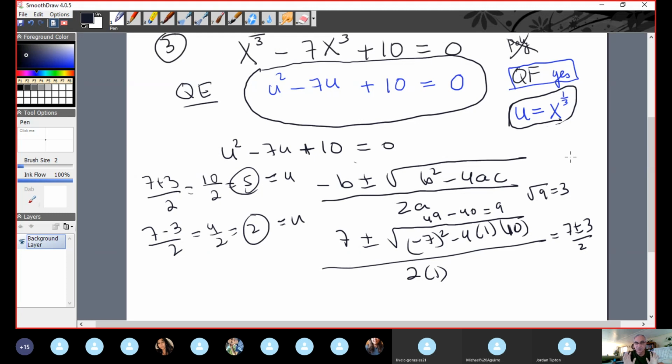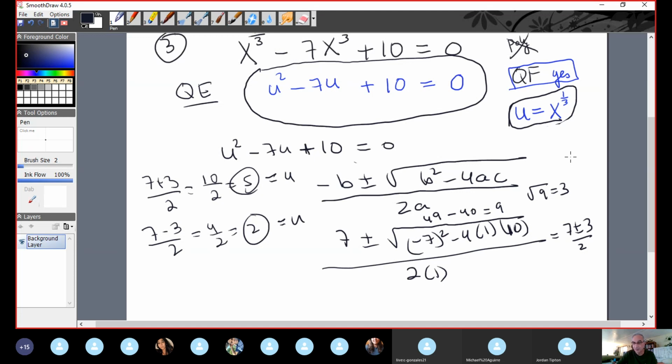The reason is that we have two exponents, and the bigger exponent is twice the smaller one. I take advantage of this fact and create a U substitution: the smaller exponent becomes U and the second becomes U squared. So we convert a complicated equation into one quadratic equation. You solve this quadratic equation by factorization or the quadratic formula, whatever you want, and you get the U values.